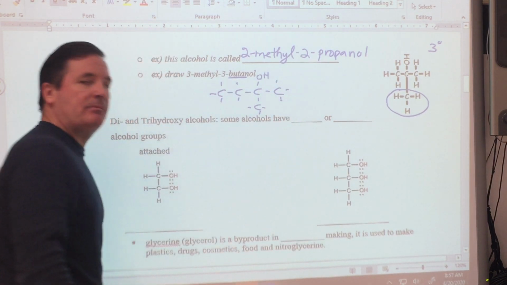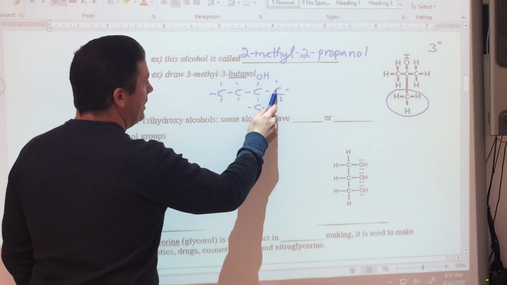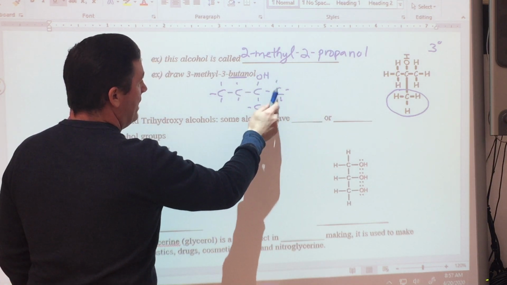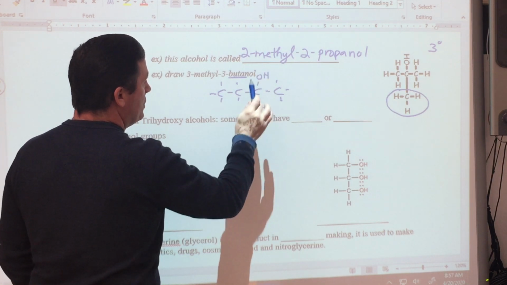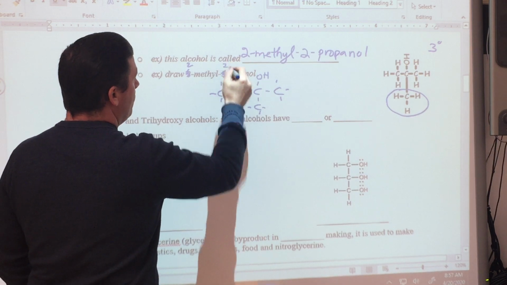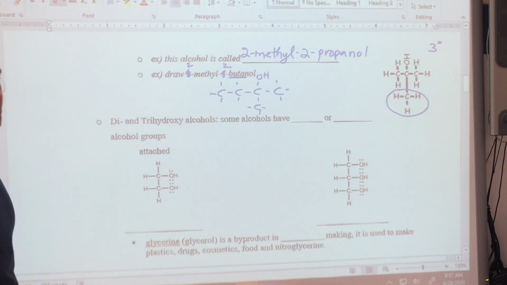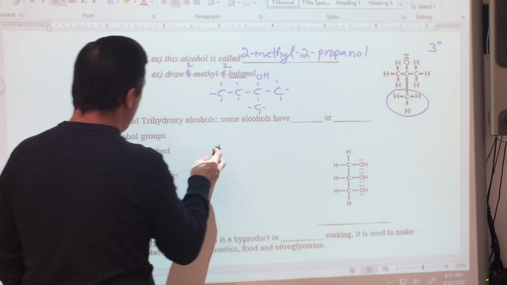Can anybody see it? What carbon is this? That's got to be carbon number 1. Why? Because we want the OH to be on the lowest number. So this really should be 2-methyl-2-butanol. Naughty.